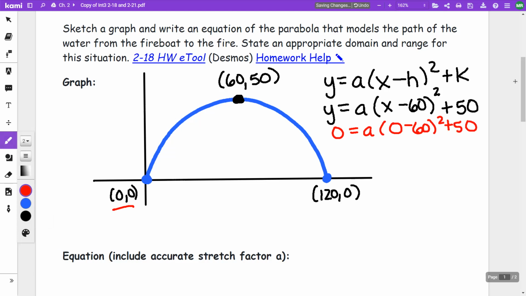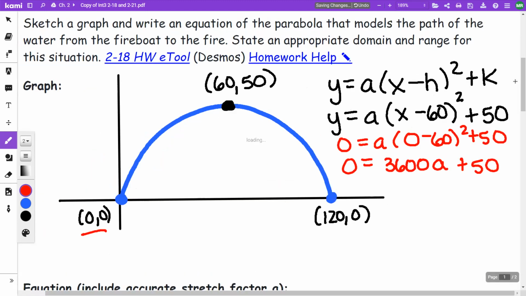And when I do this, 0 minus 60 is a negative 60. A negative 60 squared is 3,600. A, because it has an A timesing with it. Plus 50. Now I solve. So I'm going to minus 50 from both sides.